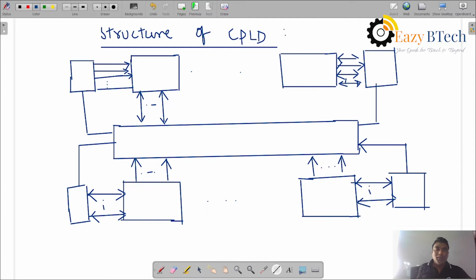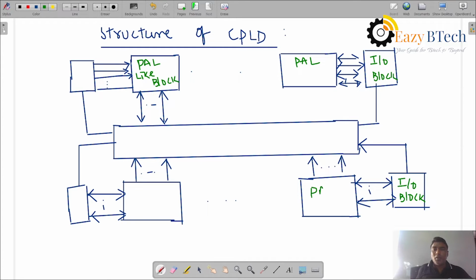Let us see this one. First, this is a PAL-like block. This is an IO block, the input output block. This is also an IO block.